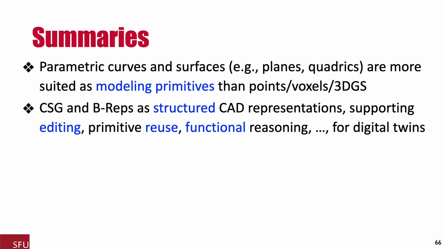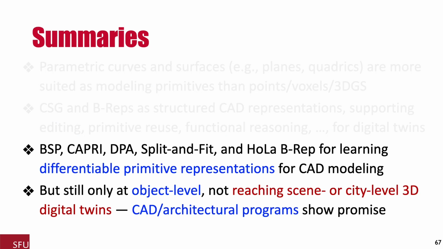They support editing, primitive reuse, and also functional reasoning, especially suited for 3D digital twin applications. And all the works presented are differentiable. As you are able to parameterize your representation, you can find ways to make it differentiable. You can do this from point clouds, multi-view images, single-view images, and later we showed that with a holistic latent representation, you can also do this from text.